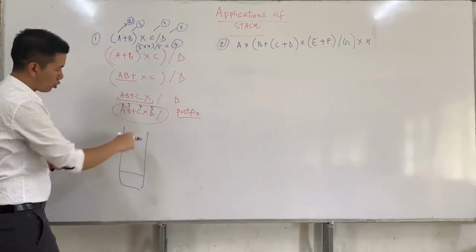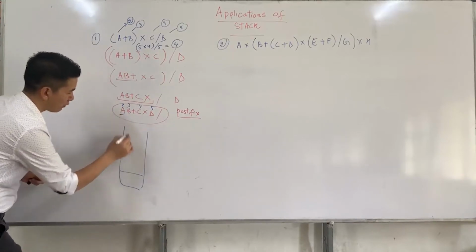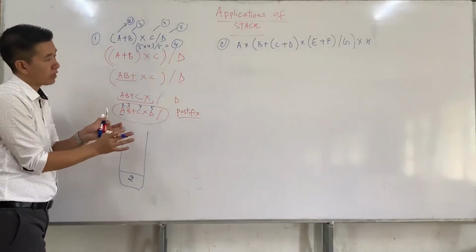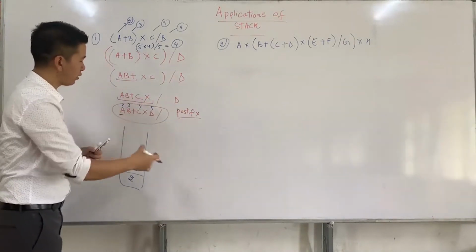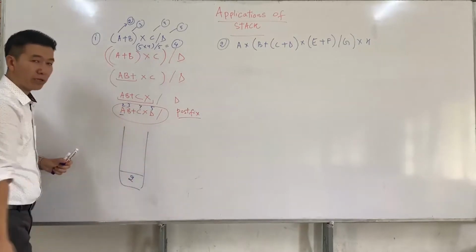I'll come up with the actual operation. A is the first one to be pushed, so the value of A will be 2. I'm just giving you a brief picture. Don't worry, in the next video I'll be explaining further on this. And then since A is the operand, the value of A will be pushed.